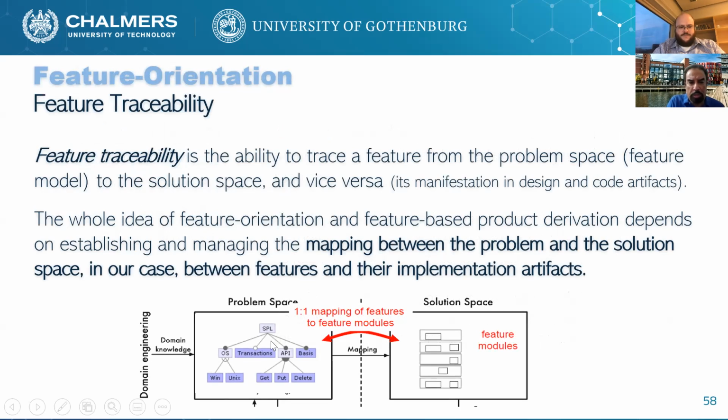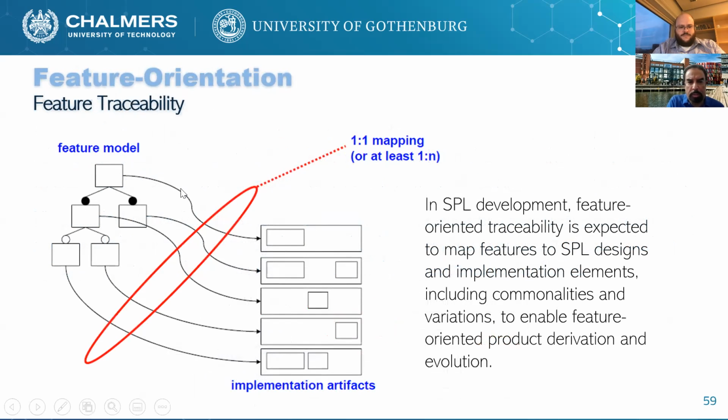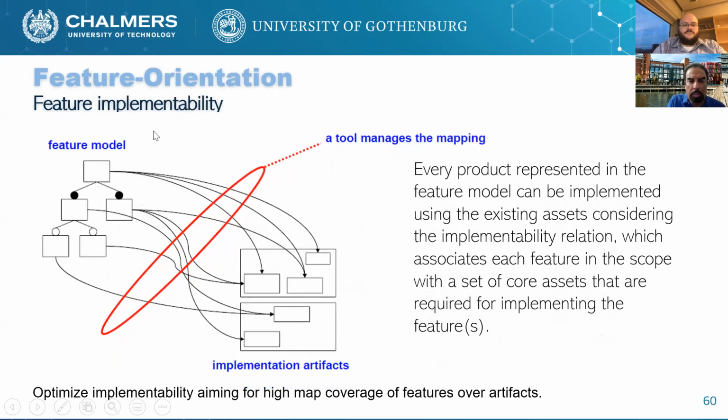We talked about feature traceability before, between the problem domain and solution domain, and we made sure that we can do one-to-one mapping. From your problem domain you have a feature model, and you want to go back to your artifacts or assets and be able to map them, if not one-to-one, at least with a clear mapping. This would help you a lot in doing implementability.